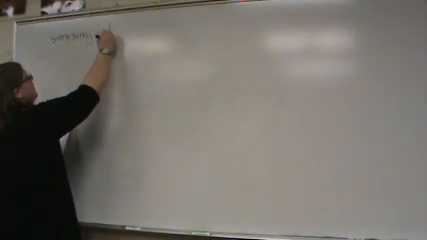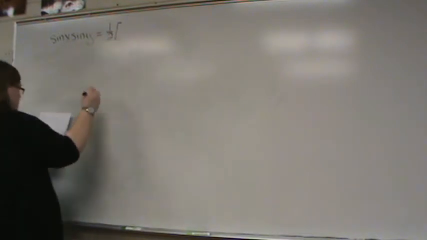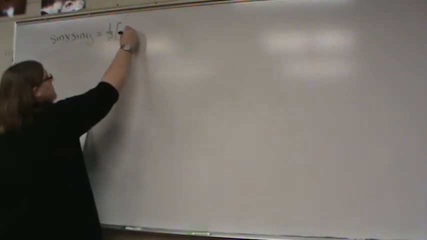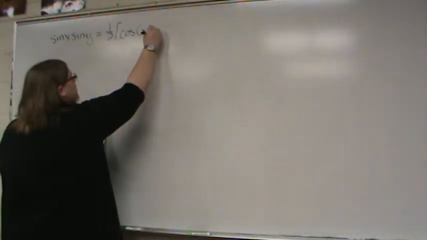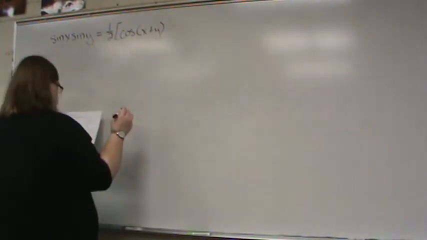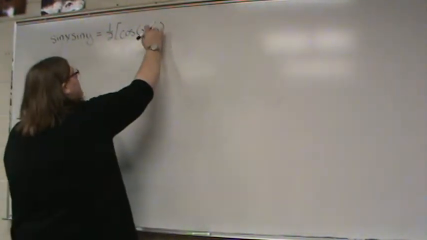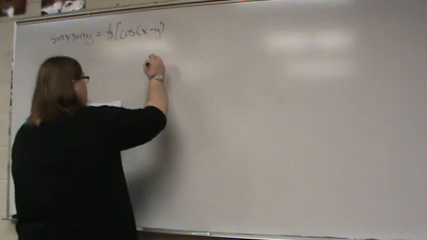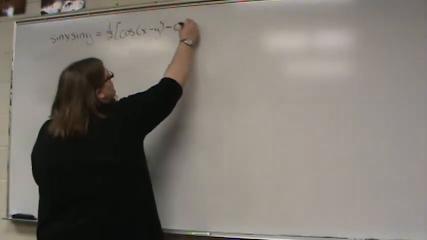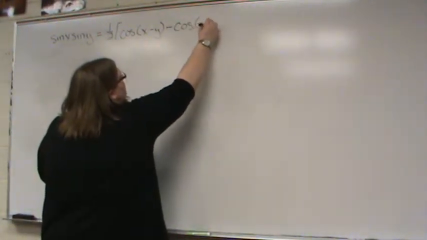Alright, so moving on to number 4. We have sine x times sine y equals 1/2 times cosine of x minus y, minus cosine of x plus y.